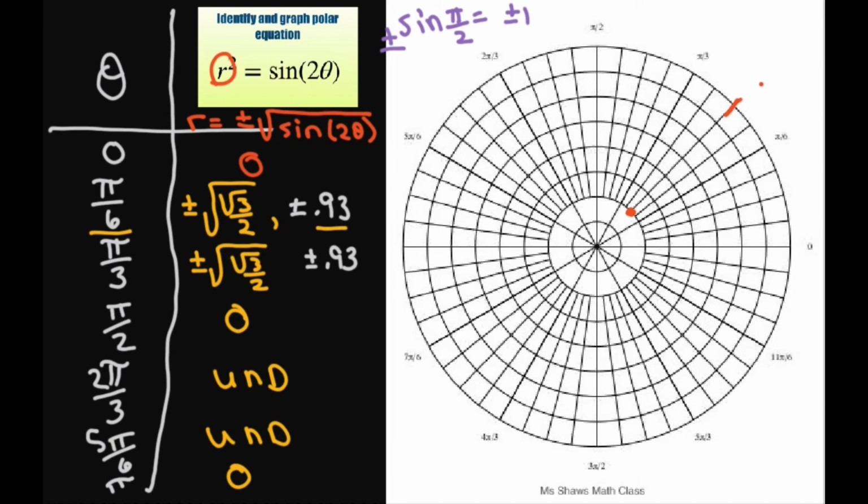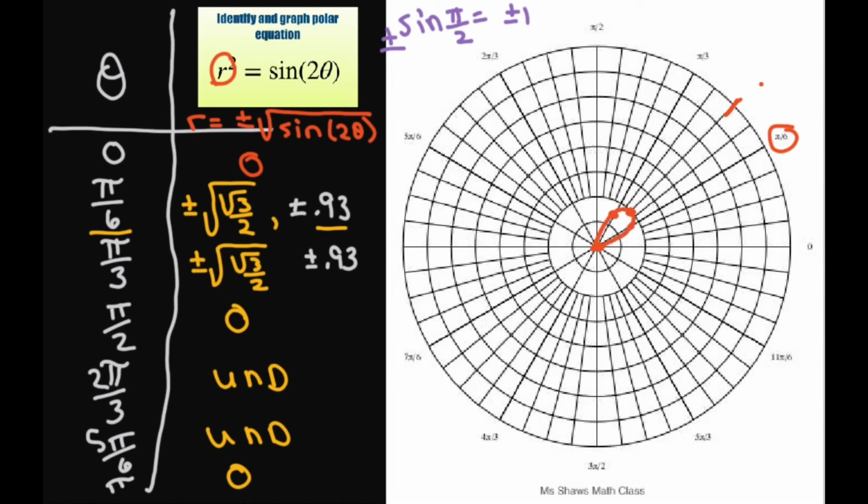Now, at 0, we have 0. At pi divided by 6, we had close to 1, so that's going to be really close to 1, and it's also close to 1 here. And then at pi over 2, you're coming back, so it's looking like this.